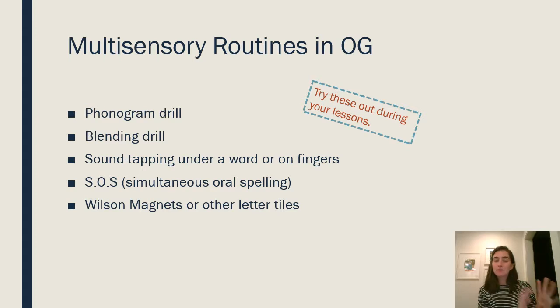If you have these materials at your fingertips, try using them for spelling. You might be used to using them for reading. Try bending them towards spelling and try seeing if they would be helpful, not just for those students who really struggle, but if they would be helpful to the majority of your classroom. Even your grade level students would benefit from these techniques.